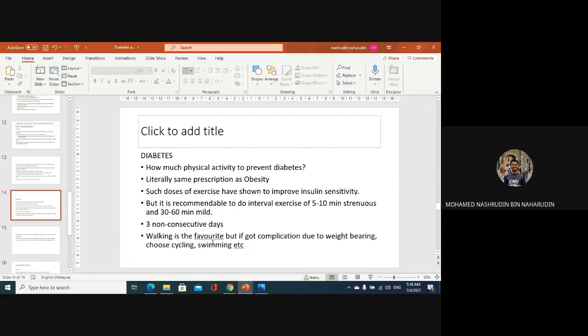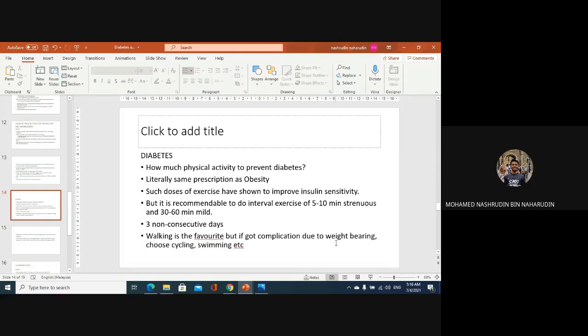And walking is the most favorite type of exercise, but the complication is that diabetic people are usually obese. Walking requires weight bearing.